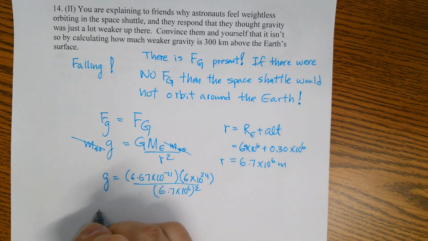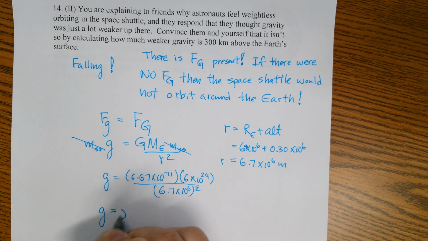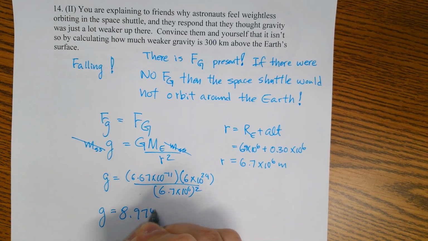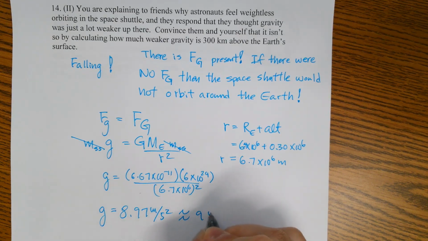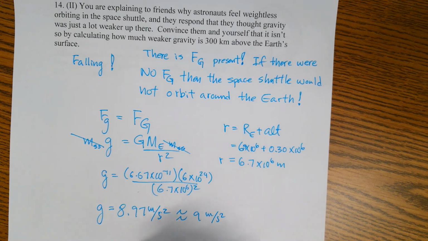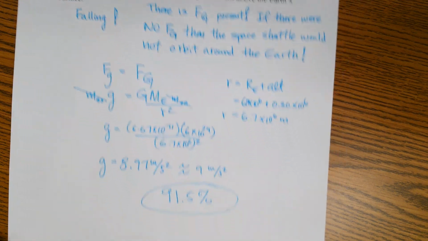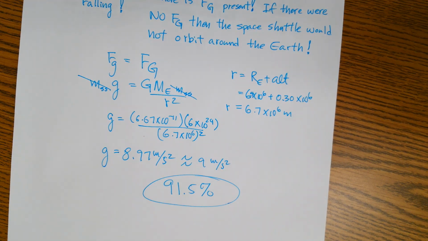If you calculate this out, my g comes out to 8.97 meters per second squared, which means it's around 9 meters per second squared, and that is about 91.5% of Earth's gravity on the surface of the Earth.